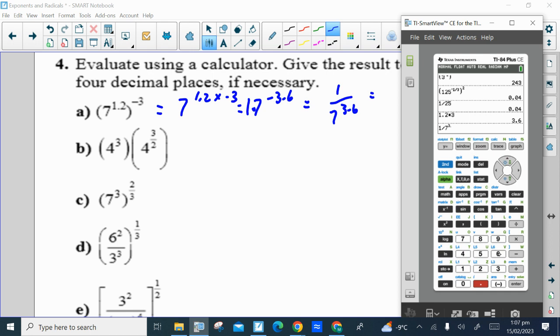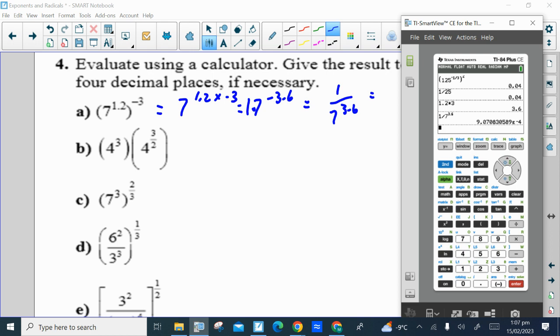And we're asked to write them as decimals to 4 decimal places. Now my calculator spits it out as scientific notation. 9.0708, that e to the negative 4 means times 10 to the negative 4. To write that in expanded form, we take the 9.0708 and we move the decimal 4 spots to the left.